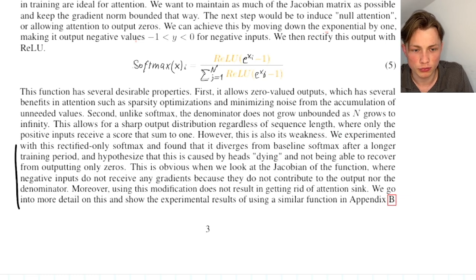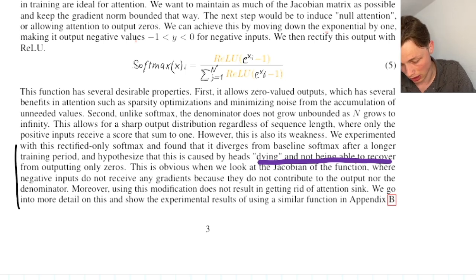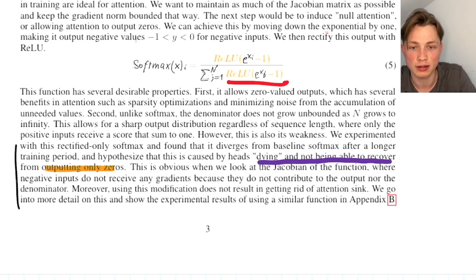However, this is also a weakness. We experimented with this rectified only softmax and found that it diverged from baseline softmax after a longer training period, and hypothesized that this is caused by heads dying and not being able to recover from outputting only zeros. Okay, so we can see here actually they tried to put also the ReLU function in the denominator, but we have very bad gradients then.